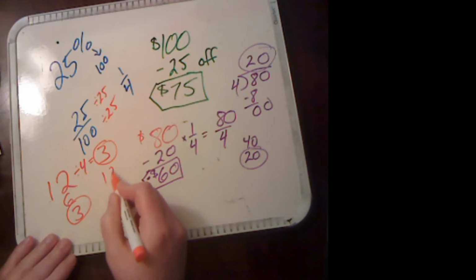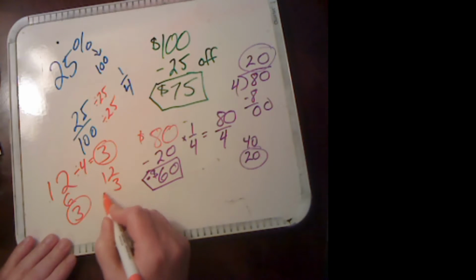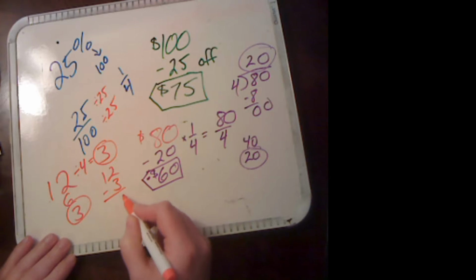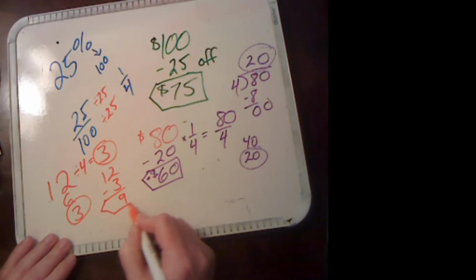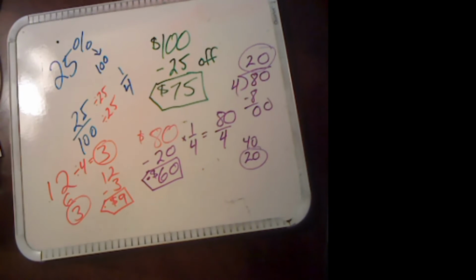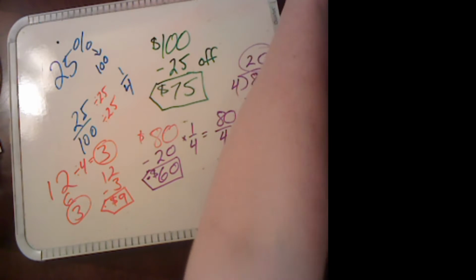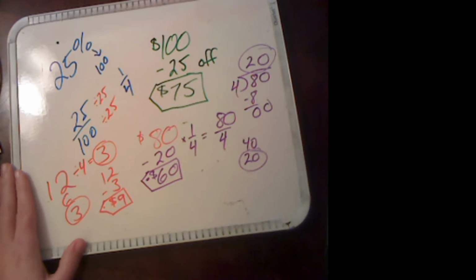So 25% off $12 would end up being $9. 9 would be the new price tag because you are not going to be spending those $3.